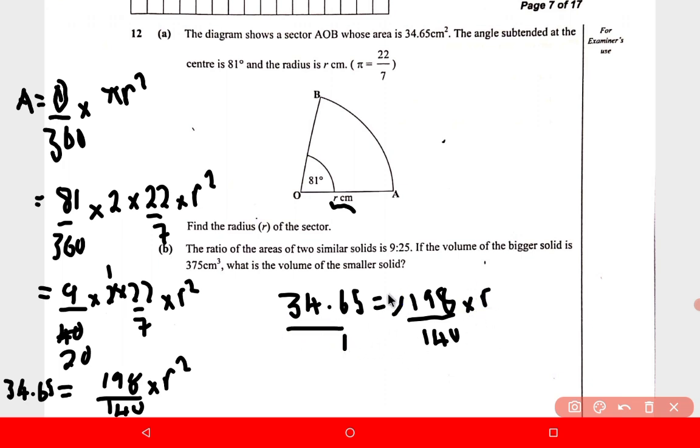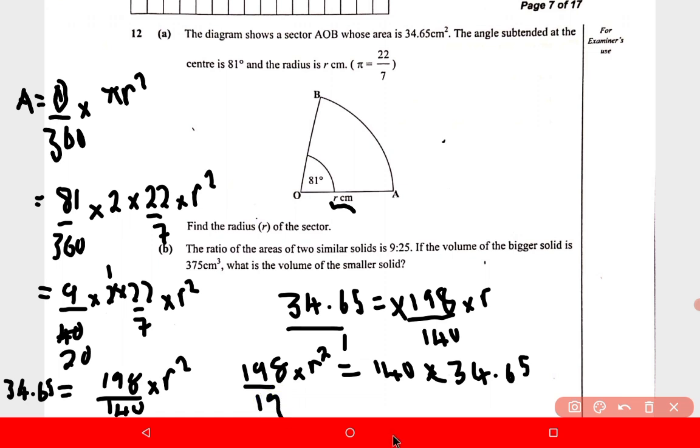Cross multiply here. You're going to have 198 times r squared is equal to 140 multiplied by 34.65.